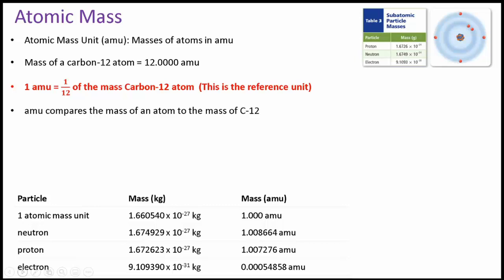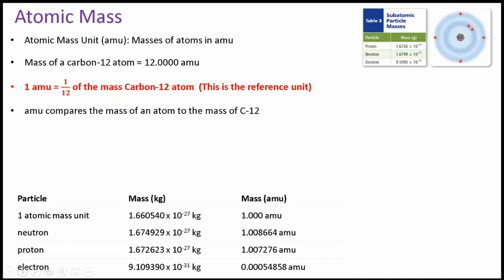So the atomic mass unit is a unit which is used to measure or calculate the masses of very small particles like the atoms or molecules and so on. Because we couldn't use the kilograms or the grams for these very small particles, or the error will be very high.